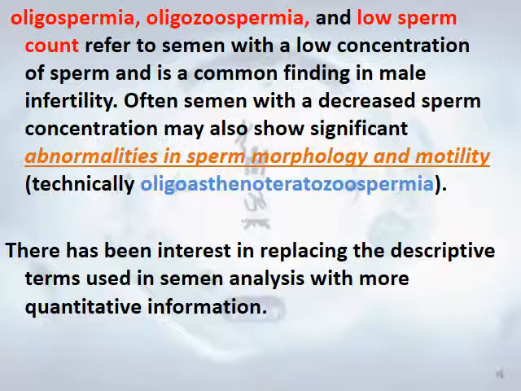Oligospermia, oligozoospermia, and low sperm count all refer to semen with a low concentration of sperm and is a common finding in male cases of infertility. Often, semen with decreased sperm concentration may also show significant abnormalities in the morphology of the sperm or in the motility.